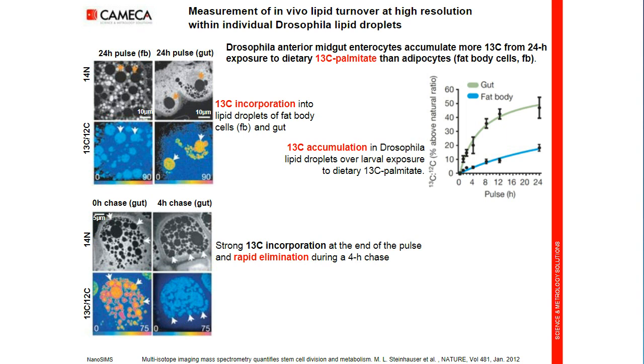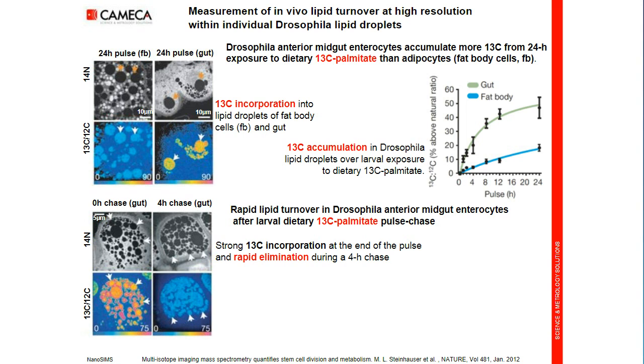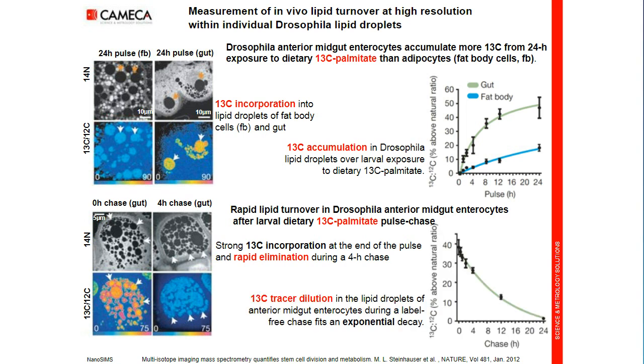So there is a rapid lipid turnover in the anterior midgut enterocytes after larval dietary C13 palmitate pulse-chase. And we can record, on different animals, the C13 tracer dilution in the lipid droplets of midgut enterocytes, and it fits very well an exponential decay.